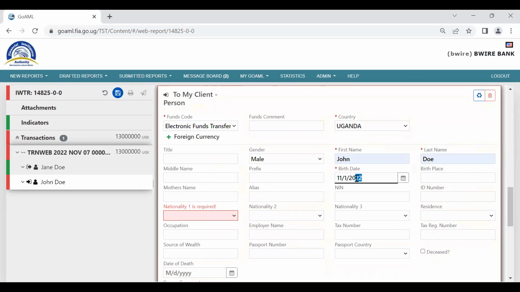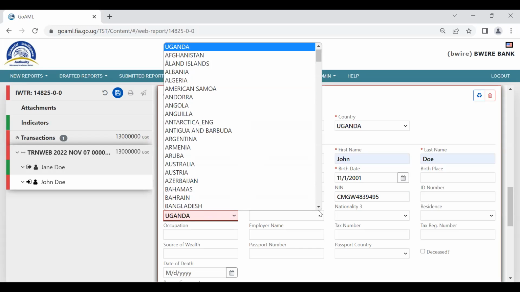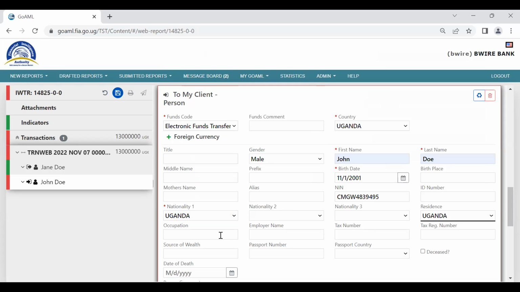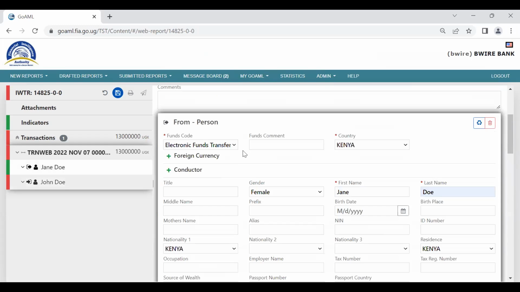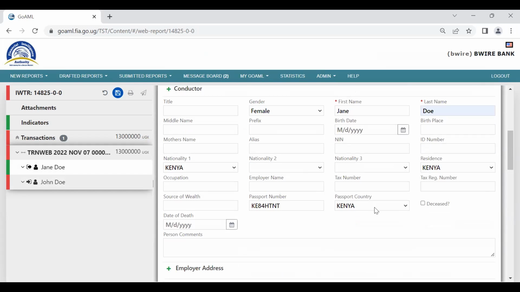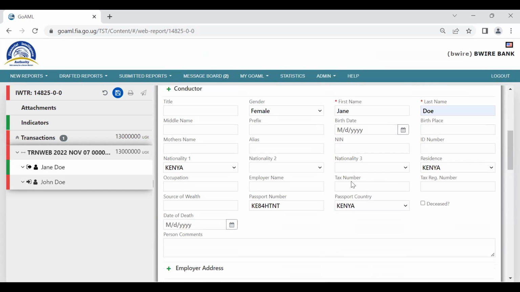I have the date of birth. I have their NIN. Nationality. So this is the person we see. The person who sent, I have minimal detail because the person I'm interacting with is the person who walked in, who's receiving that money. For the sender, I just have the name, the residence and the passport.